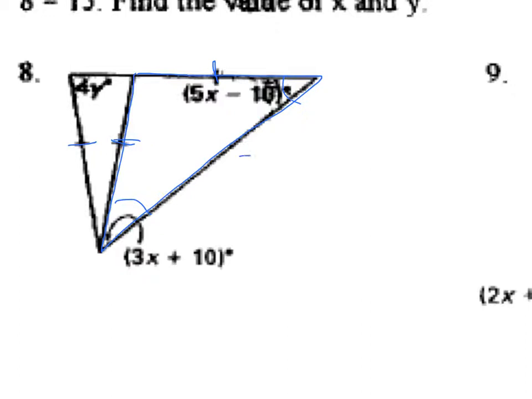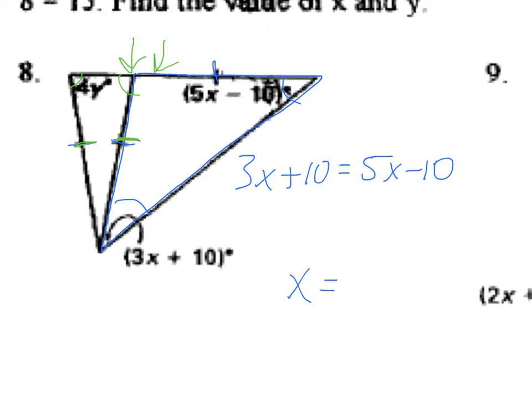So we would set up 3x plus 10 is equal to 5x minus 10, which then will get our value for x. However, we have to find the value for y. Now remember, these segments are also congruent. That means these angles are congruent. I don't know what this angle is, but if I knew what this angle was, I could subtract it from 180 to find it, because we have a linear pair here.